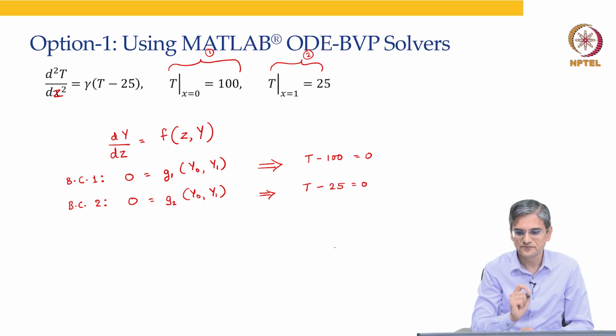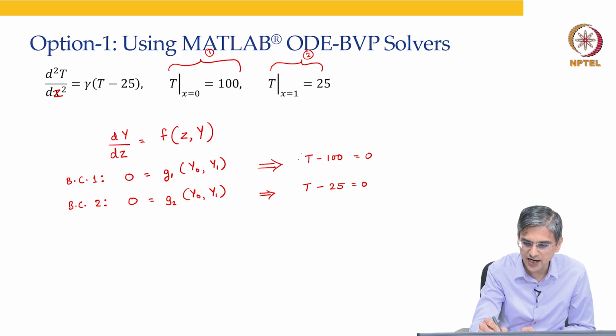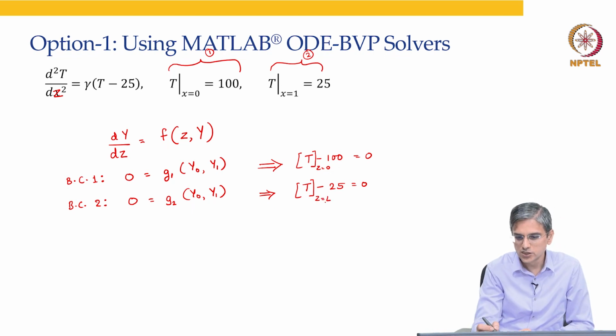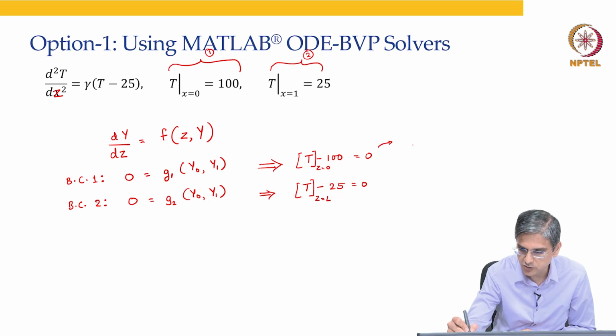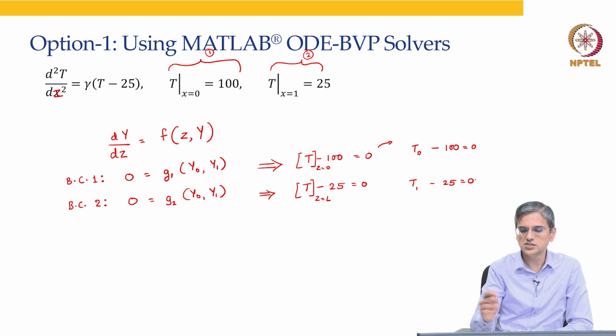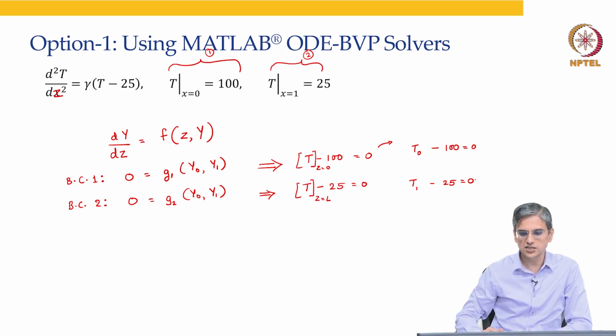But which T? The first is T at z equal to 0 and the second is T at z equal to L. So this is just T0 minus 100 equal to 0, and this one is T1 minus 25 equal to 0, where T1 is the temperature at the other end.